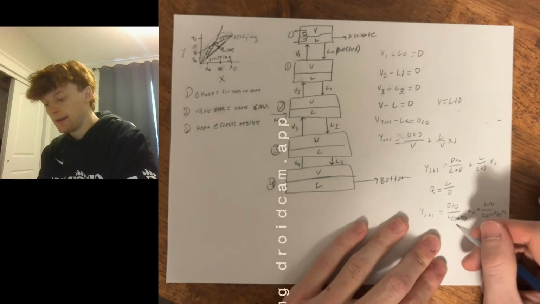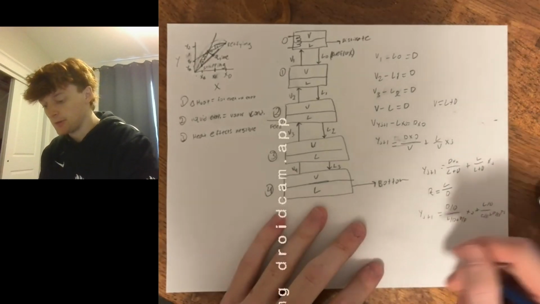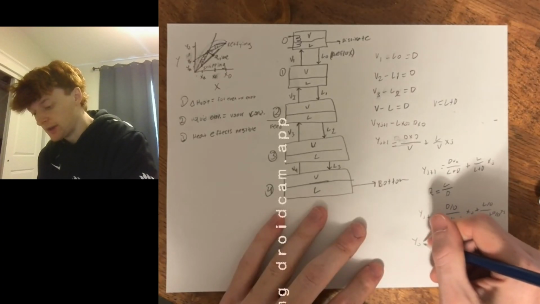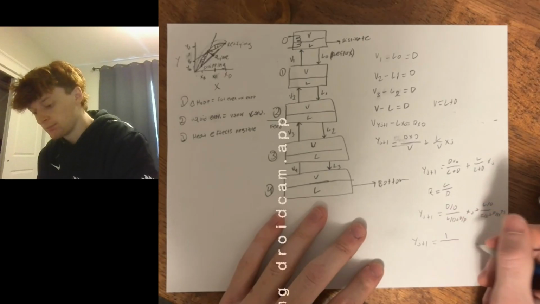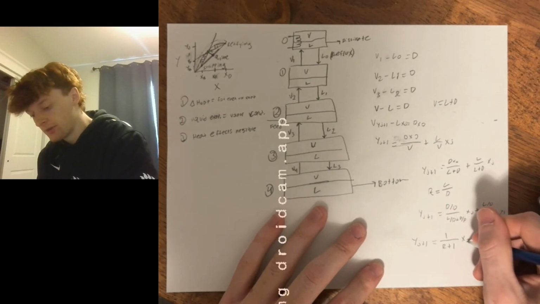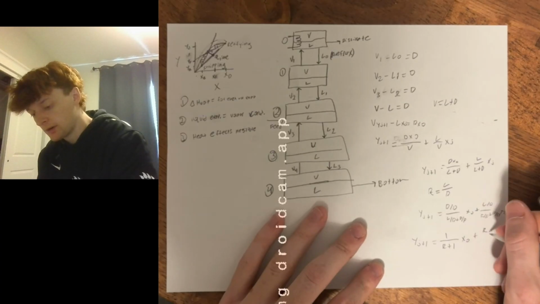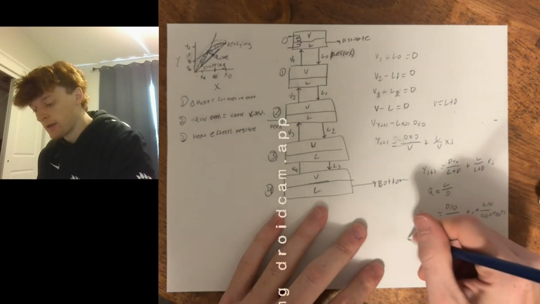Then we can plug in R for our L over D terms down here, and our D over D will be equal to 1. So we have Y_{j+1} equals 1 over R plus 1 x0 plus R over R plus 1 x_j.